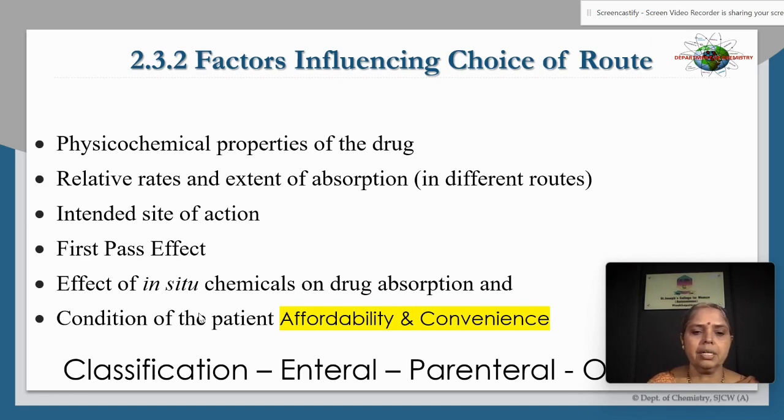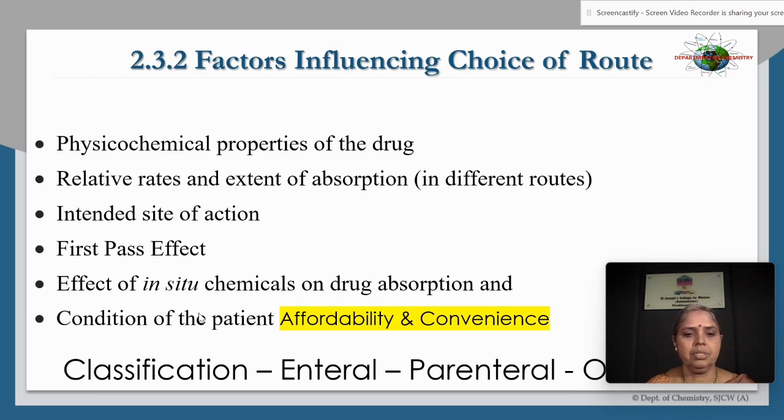Now, if the drug is made up of large molecules or protein molecules which are likely to be hydrolyzed in the digestive tract, that drug is generally not taken in the form of a pill because digestive juices are acidic and there is a probability that the drug molecule can be hydrolyzed or broken down by the acid that is there in the abdomen. So, physicochemical properties of the drug decide which particular route is to be taken for administering the drug.